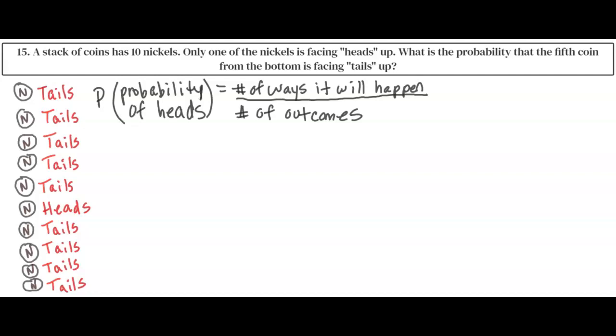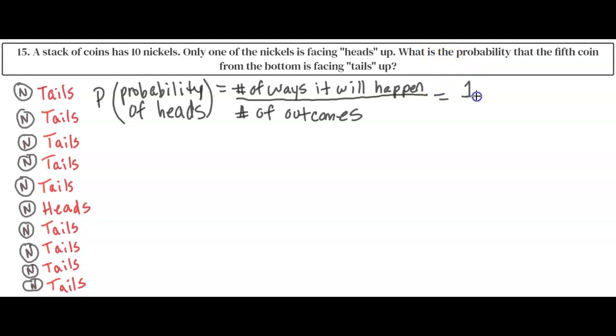Well, by looking at the question, we have to set up the formula for a probability. In this case, the probability of heads, which is the numerator, the number on the top, would be the number of ways it will happen. The number of ways you will have heads. According to the problem, it says only one of the nickels is facing heads up.